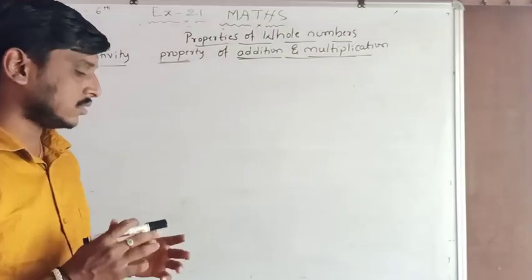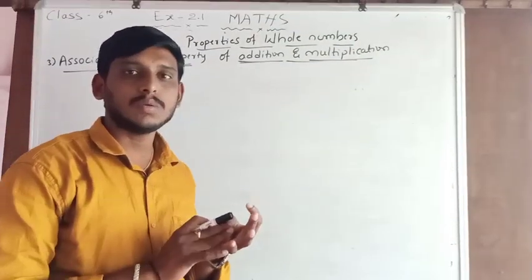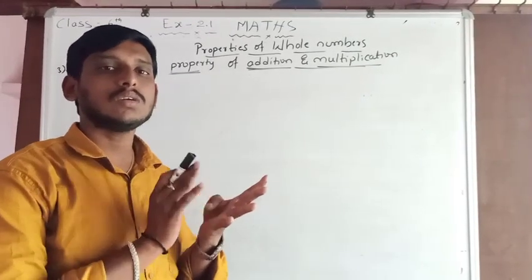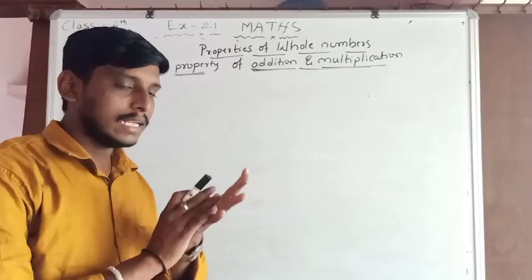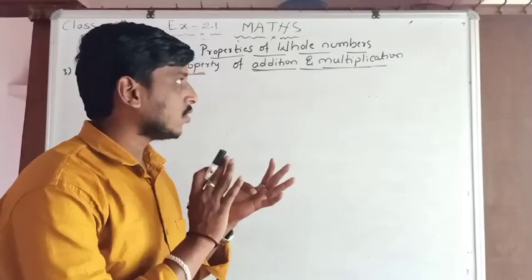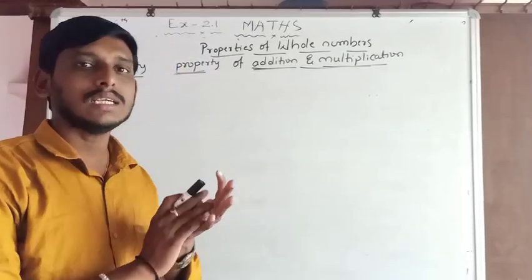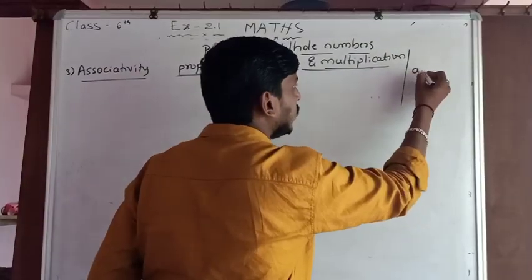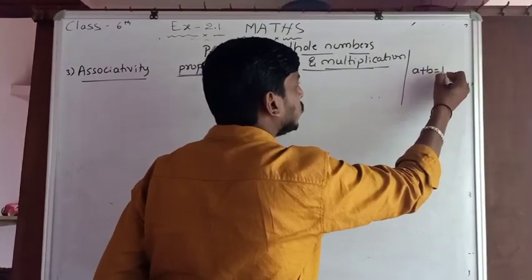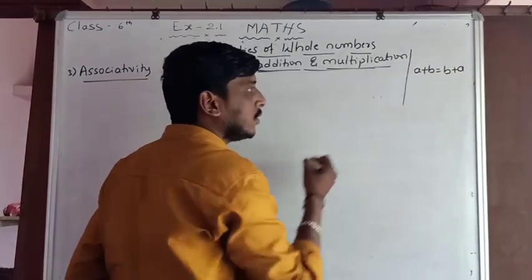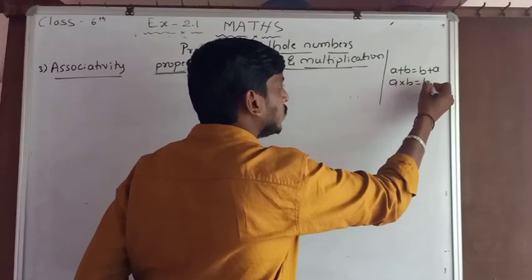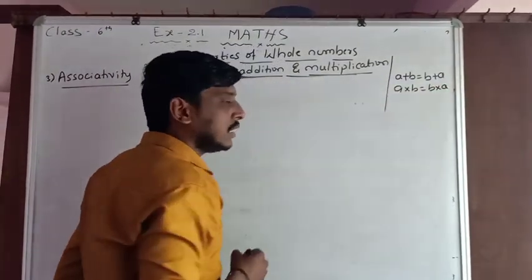Okay, students, now we just discussed the closure property and commutative property. Closure property: whole numbers are closed under which operations? Addition and multiplication. Commutative property holds good for addition and multiplication. The formulas are A plus B equals B plus A, the commutative property of addition, and A into B equals B into A, the commutative property of multiplication.